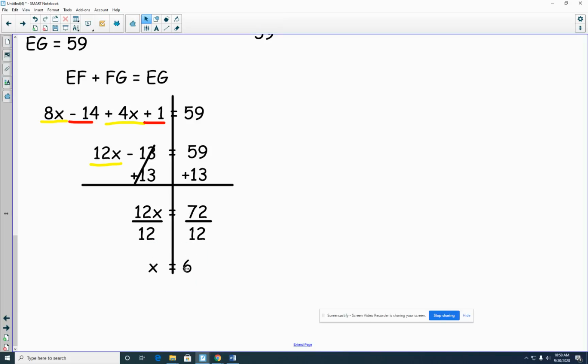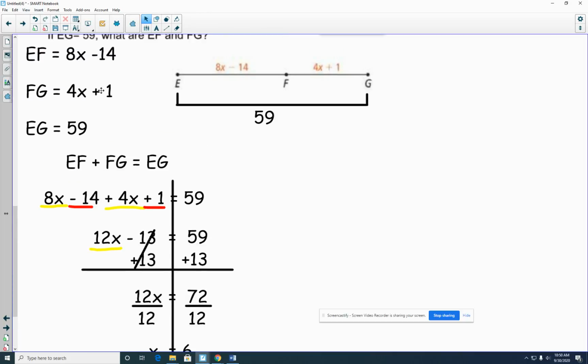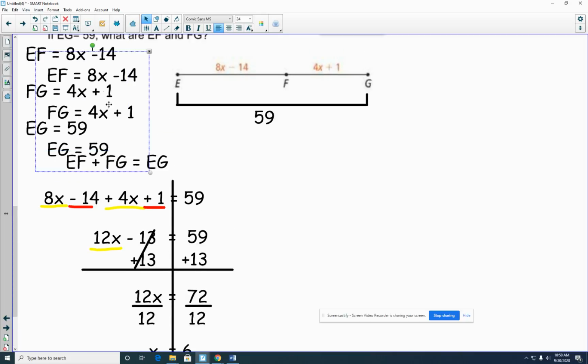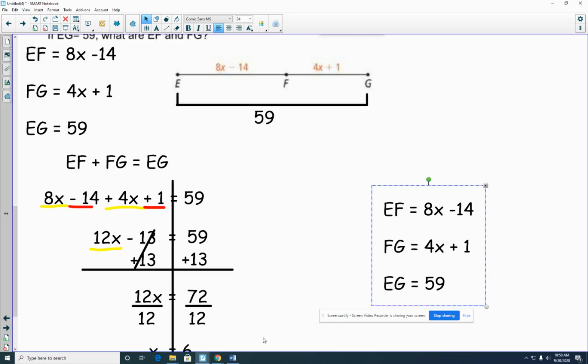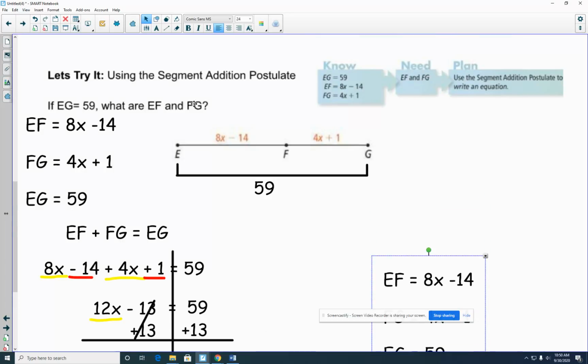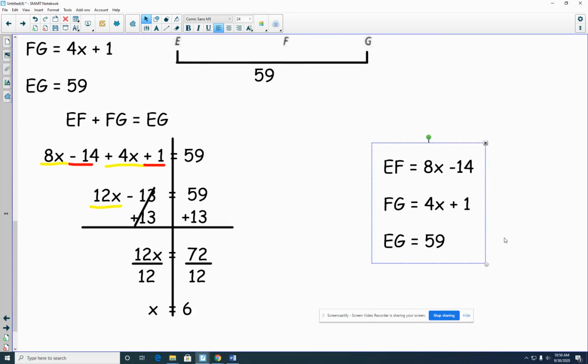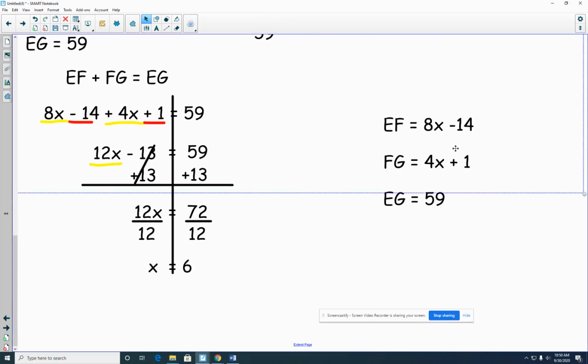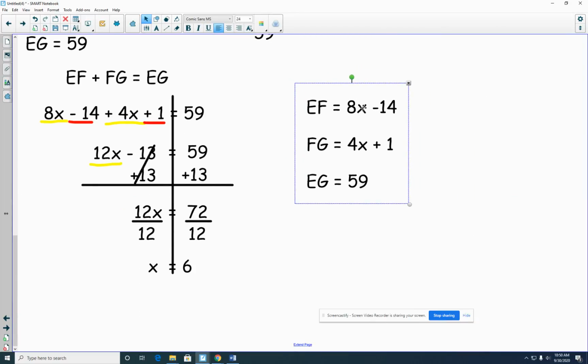Okay. So I now have a value of x. x equals 6. I'm going to bring this over here. So if x equals 6, remember, I need the length of EF and FG. So let's look over here. EF is represented by 8x minus 14. So I'm going to take the 6 and substitute it in for x.